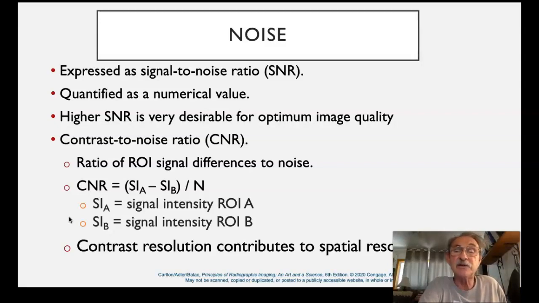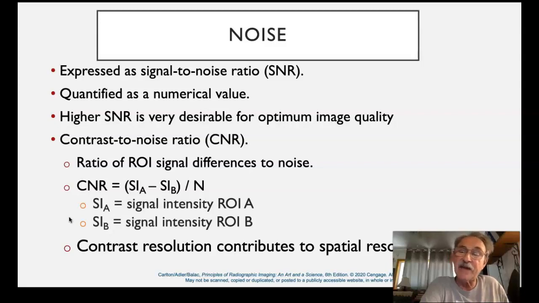Contrast-to-noise ratio is the ability to see lots of different grays, even if those gray values are very close to one another. And so that is contrast-to-noise ratio, which is probably not going to be on your certification exam, but be aware that contrast resolution, the ability to see subtle gray shades, contributes to some extent to spatial resolution.